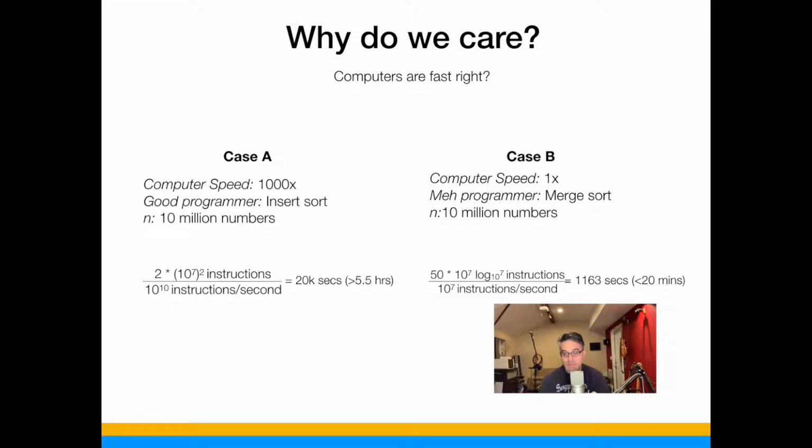Even with a better programmer and a faster computer in case A, the computation stated here, sorting those 10 million numbers, would take about 5.5 hours or 20,000 seconds. In the case of programmer B, even with the disadvantage of an okay programmer and a computer that is not incredibly fast, it would take 20 minutes.